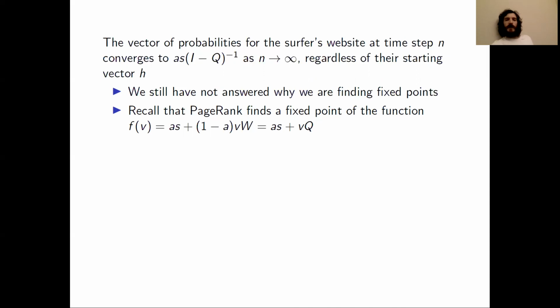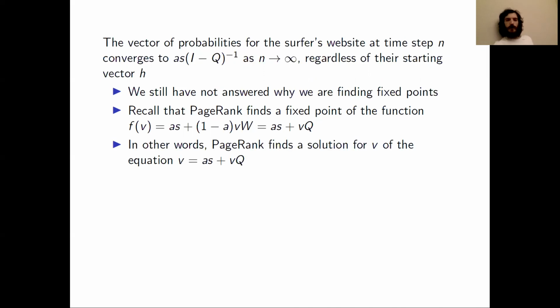That function was f of v, defined as AS plus (1 minus A) times v times W. And we can write that in terms of Q as AS plus v times Q. If we're finding fixed points of that f, we're trying to solve for solutions of v for which v equals AS plus v times Q. We can rewrite this as v times the identity matrix equals AS plus vQ, and rearranging we get v times (I minus Q) equals AS.